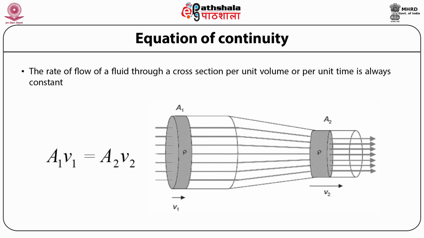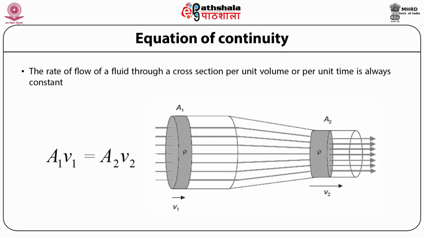Because of the equation of continuity, the fluid flowing through cross section A1 is A1 times V1, where V1 is the velocity of the fluid at that point. It has to be the same as the fluid flowing through the narrower end, where the rate of flow is A2 times V2.